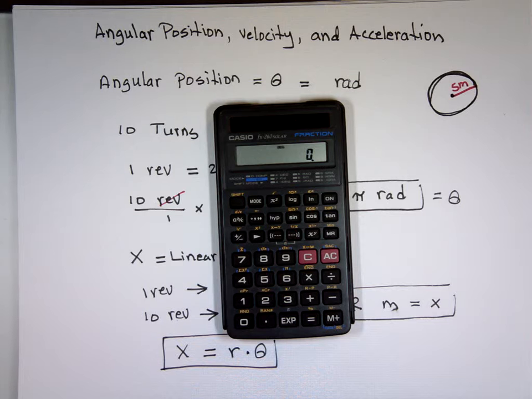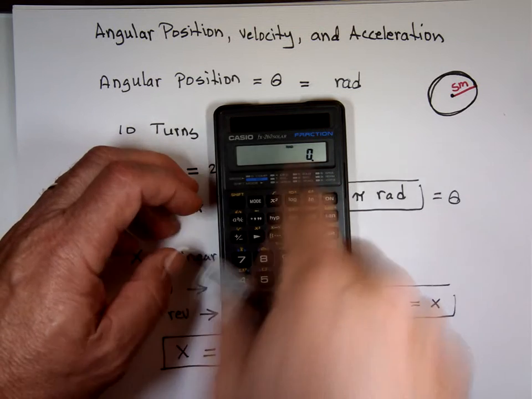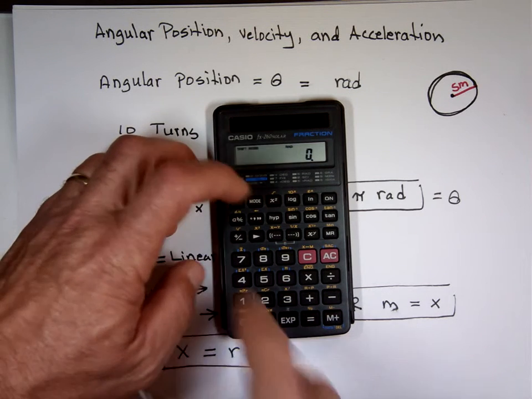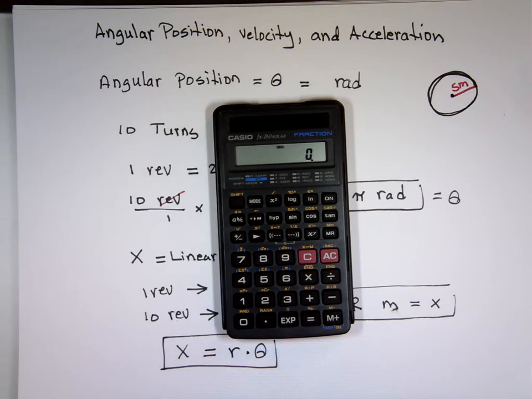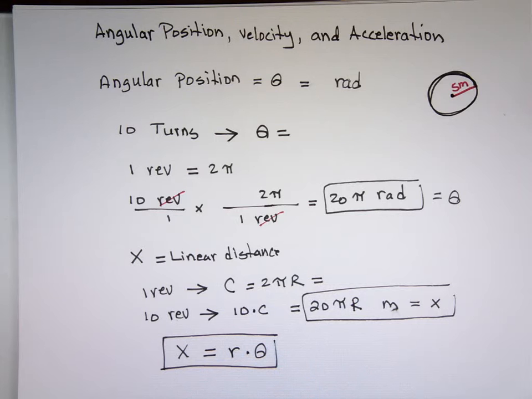Shift mode 4 is probably degree. So you go back and forth between degrees and radians, depending on what kind of calculator you have. If you have the TI 83, go to settings or mode, and you will see radian and degrees, then switch to radian.